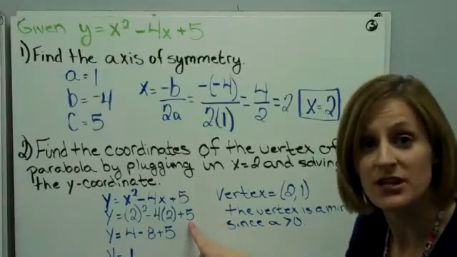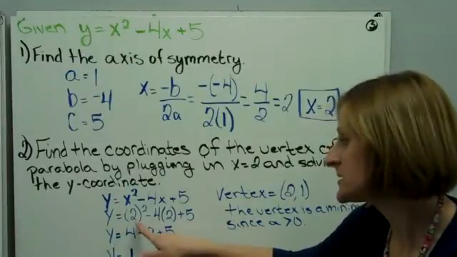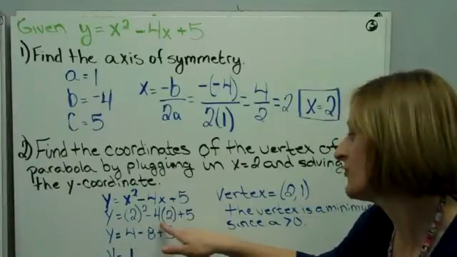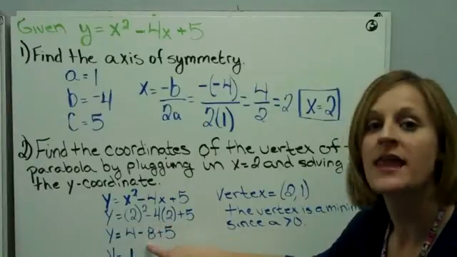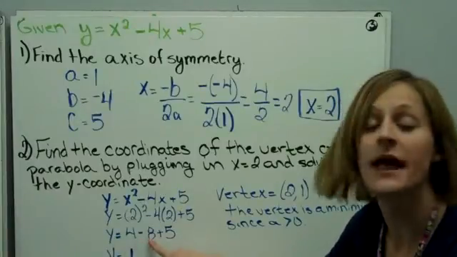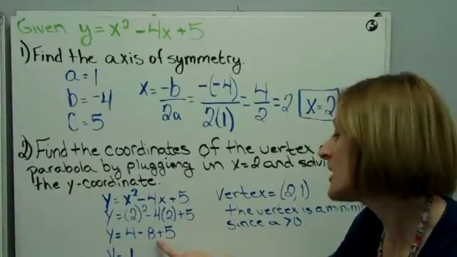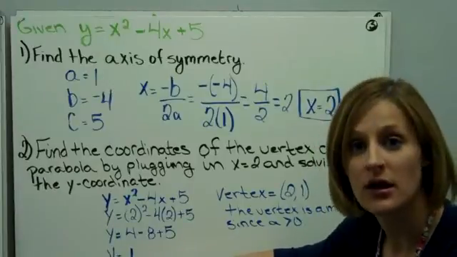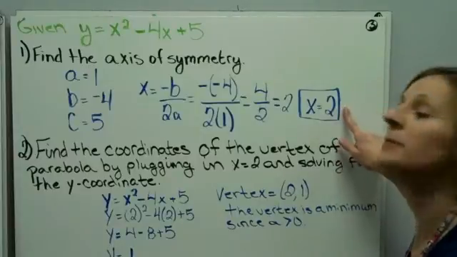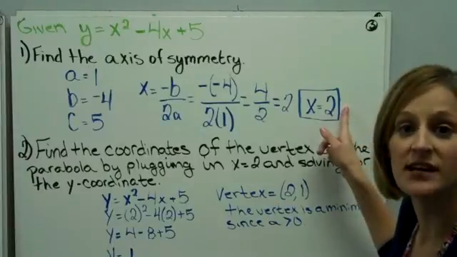Do order of operations: exponents, so 2 squared is 4, then multiplication, so 4 times 2 is 8. Now I add and subtract left to right. So I do 4 minus 8, which is negative 4, plus 5 gives me 1. So now I take this value and my x value from up here to get my vertex point, which is 2, 1.